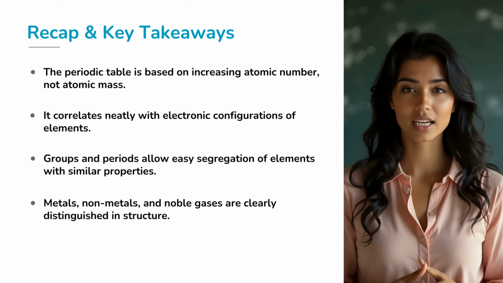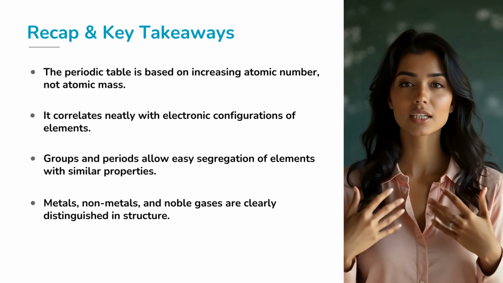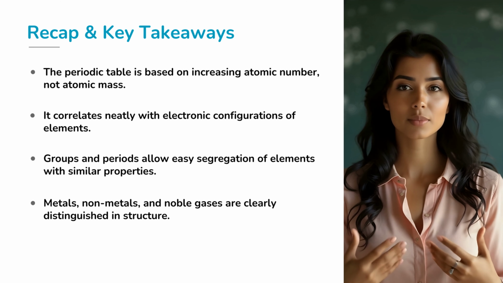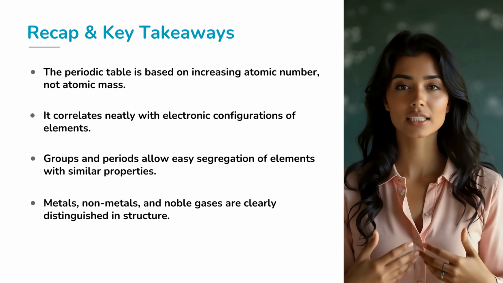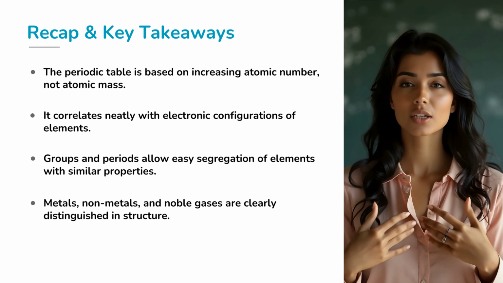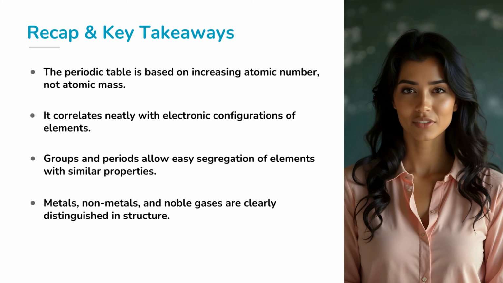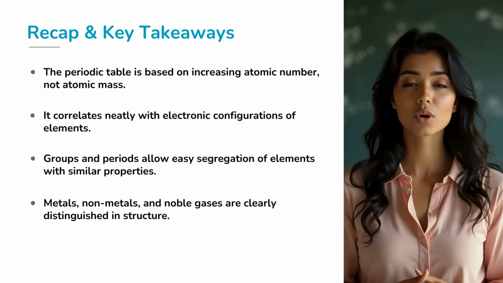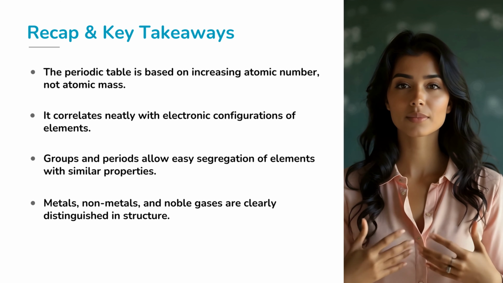So, let's recap what we learned today. The modern periodic table is arranged not by atomic mass but by increasing atomic number. Its strength lies in its perfect correlation with electronic configurations, making it logical and predictive. Groups allow us to see families of elements with similar properties, while periods show us the gradual change across a row.